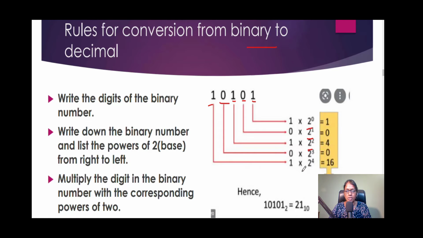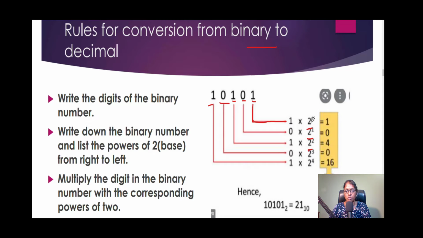Write this list of powers of 2 from right to left. So first, 1 into 2 power 0, then 0 into 2 power 1, 1 into 2 power 2, 0 into 2 power 3, and 1 into 2 power 4.